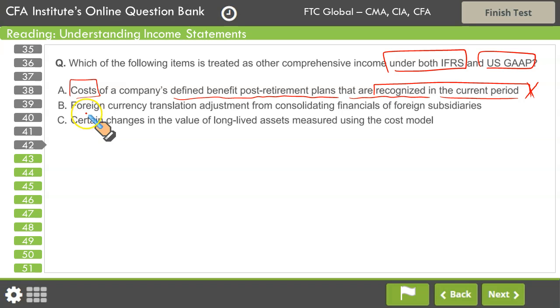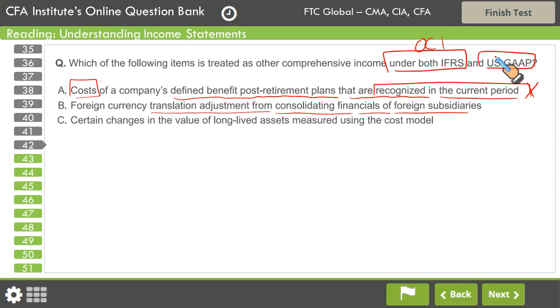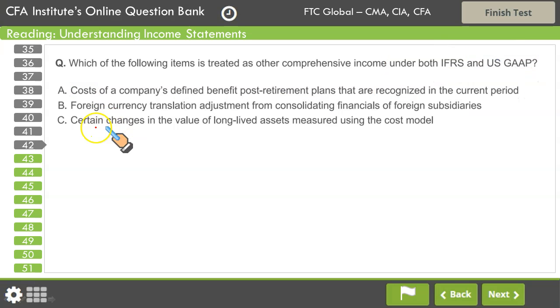What about B? Foreign currency translation adjustments from consolidating financials of foreign subsidiaries. That's one of the elements of OCI. It is reported as a part of other comprehensive income, both in IFRS and the US GAAP. True, correct answer. But why not C? Certain changes in the value of long-lived assets measured using the cost model.